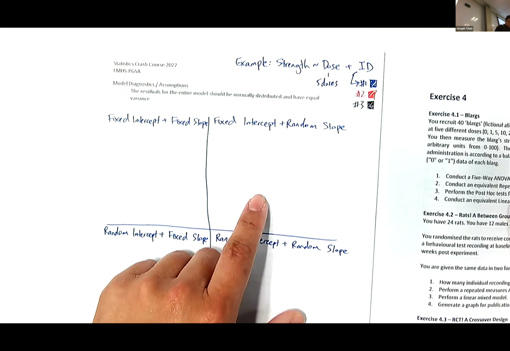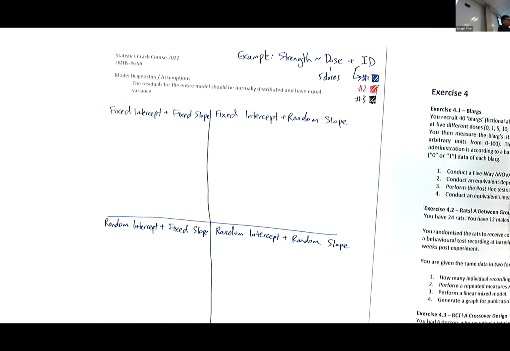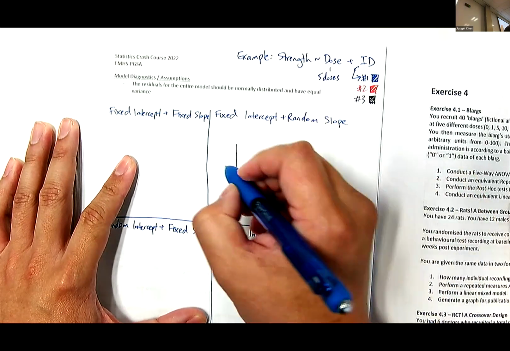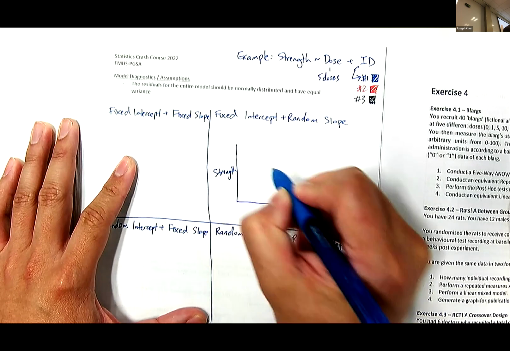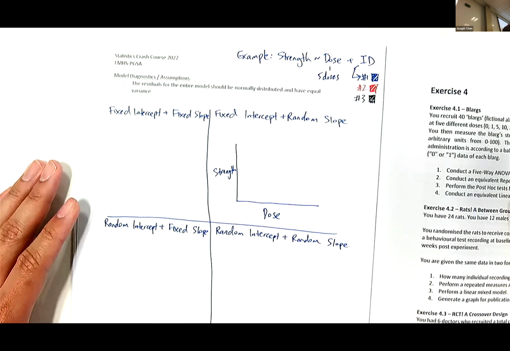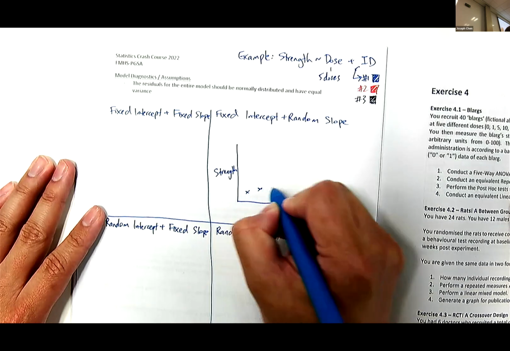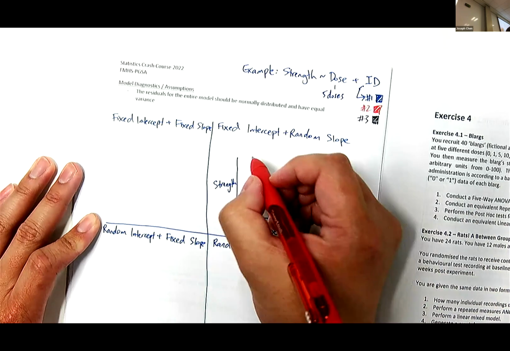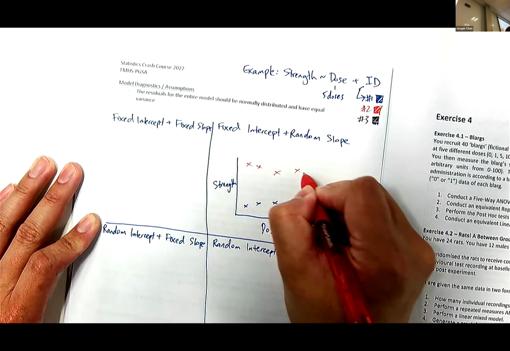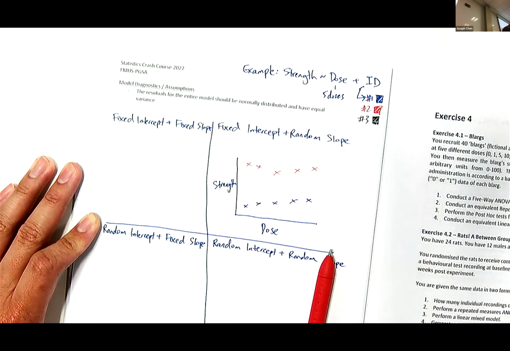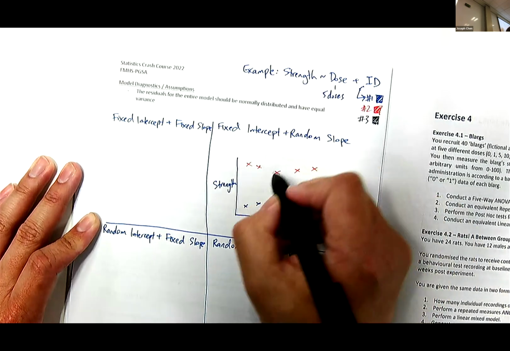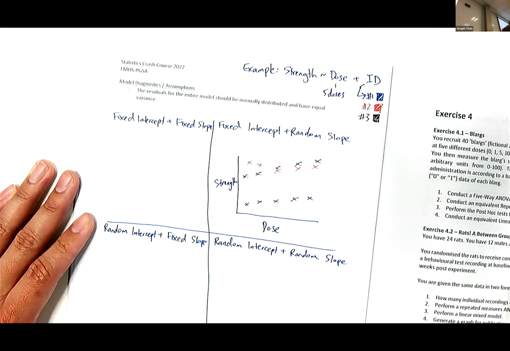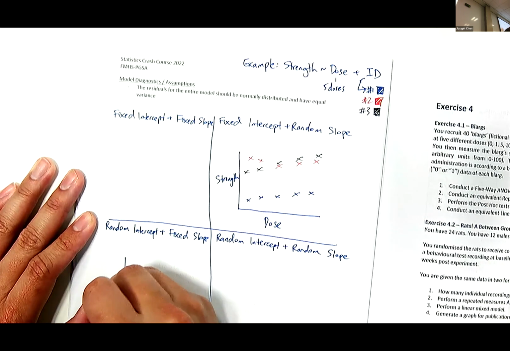So we're going to start in the top right quadrant where we have a fixed intercept and a random slope. I'm going to try and draw some data here, and I'm going to draw the same data in all 3. So in this data, we'll have doses 1, 2, 3, 4, 5, for each person.